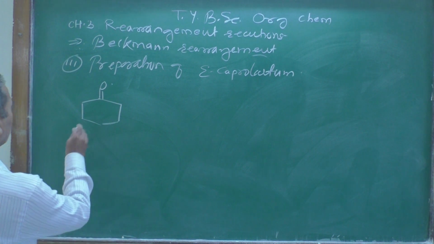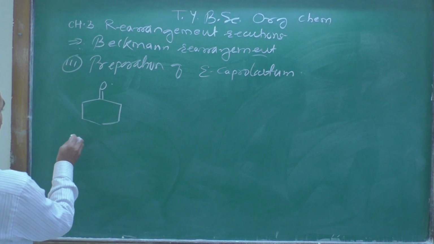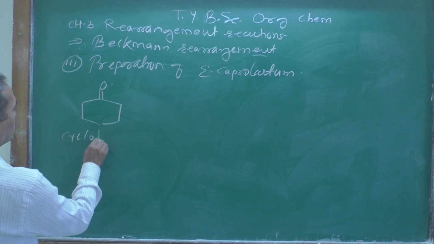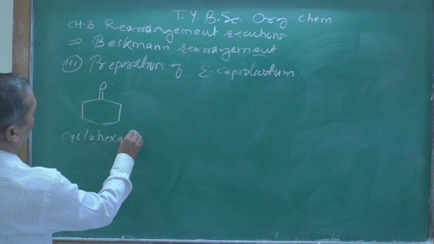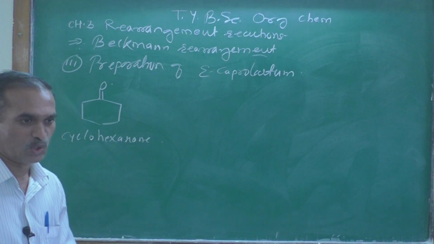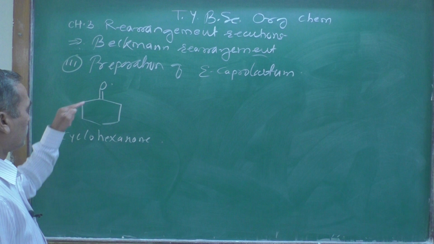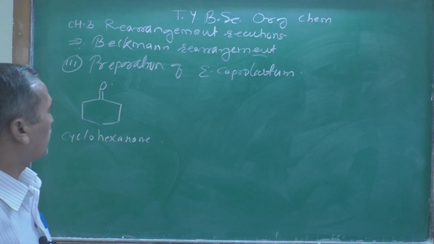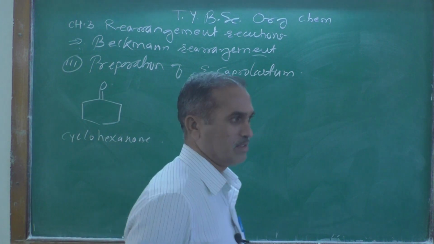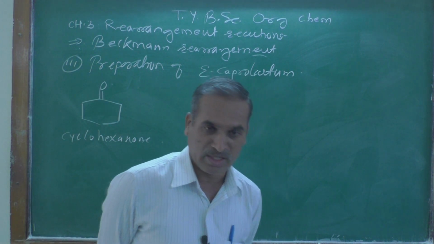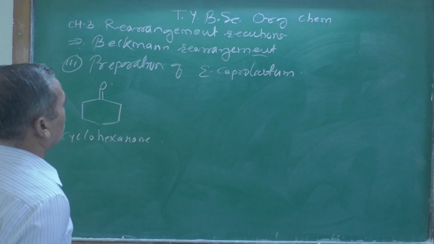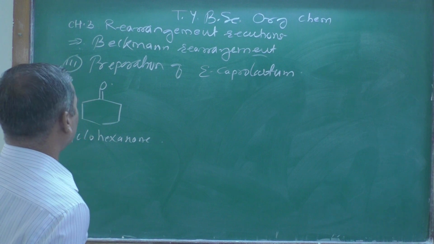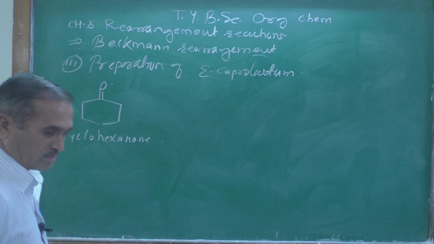So the name of this compound is cyclohexanone. Cyclo, there are 6 carbon atoms, and therefore hexane, and the last suffix is ONE, which indicates a ketone group is there. So in this way we can see the preparation of epsilon caprolactam. Sorry, this is cyclohexanone.